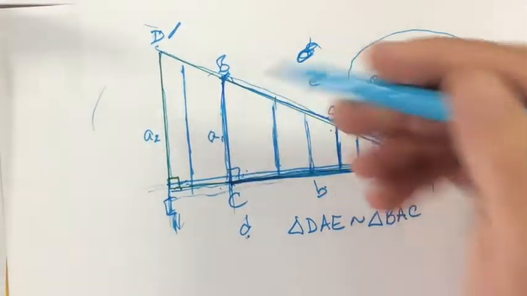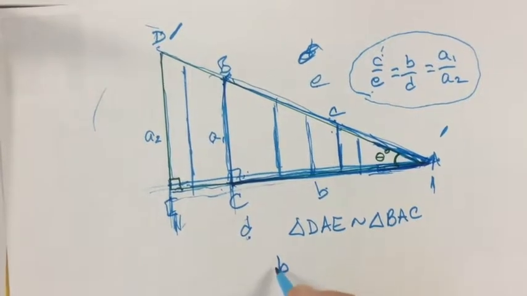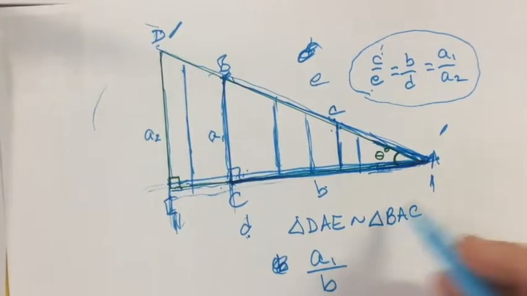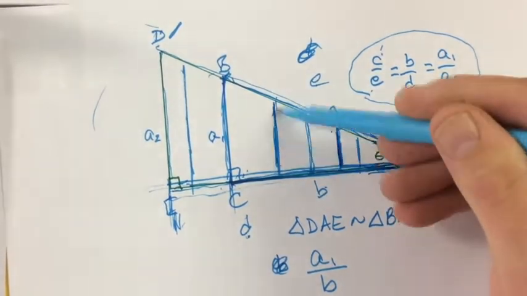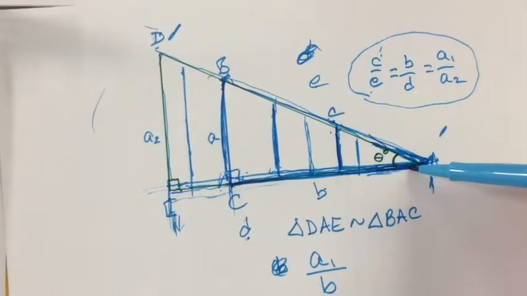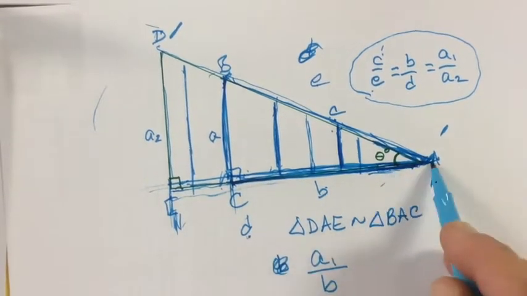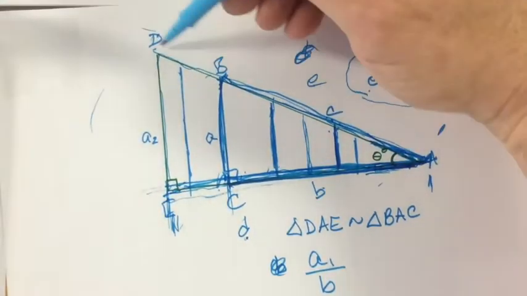So that means that for every one of these triangles, this side here compared to this side here, let's just talk about one of them for a minute. We'll say B, actually let's say A1 over B is always going to be the same, right? This over this will be the same as this over this, will be the same as this over this. All of those ratios are the same, and so are the ratios that come from this over this, or this long one over this long one.